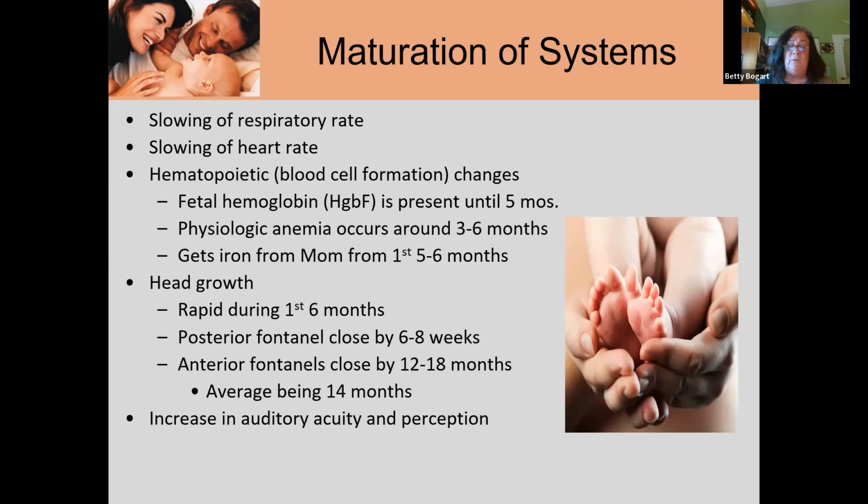We give iron fortified formula, or as we start feeding them cereals, it's iron fortified, because mom's cells have disappeared, their hemoglobin and hematocrit have gotten lower, so they don't have that big supply. So as we get older, you'll see children start getting sick. Mom's defense has gone away, and you're going to start seeing those hemoglobin and hematocrits going down because mom's cells are going away and they haven't had a chance yet to make their own.